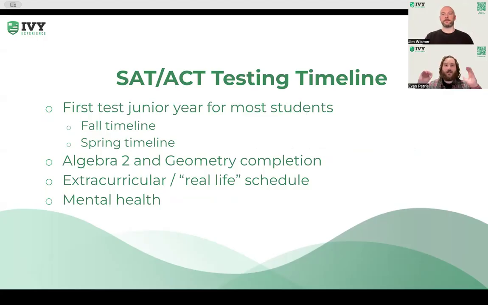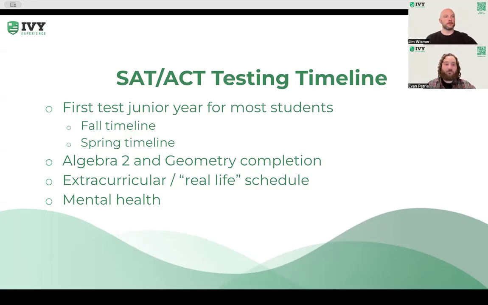So, in terms of the timeline for testing itself, we really do not preach a one size fits all solution. Generally, we recommend a junior year testing timeline, a fall timeline for most students, but that comes with a lot of caveats. Fall timeline is good for students who want to spend the summer before their junior year doing a lot of test prep to get ready for their first test in the fall.